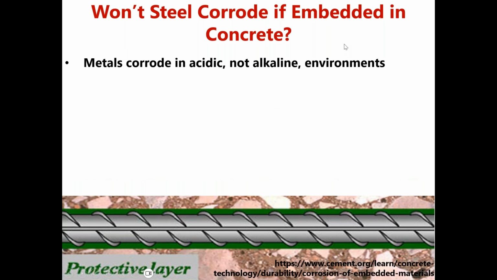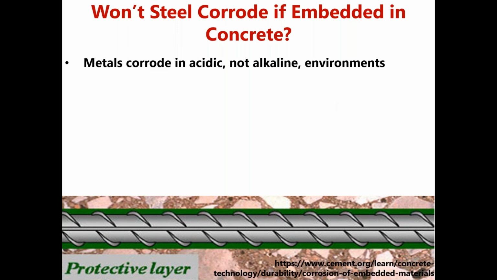So now the question is, if we know that steel corrodes, why doesn't it corrode if it's embedded in concrete? Well, in a perfect world, the embedded steel in concrete won't corrode, because metals only corrode in acidic and not alkaline environments.